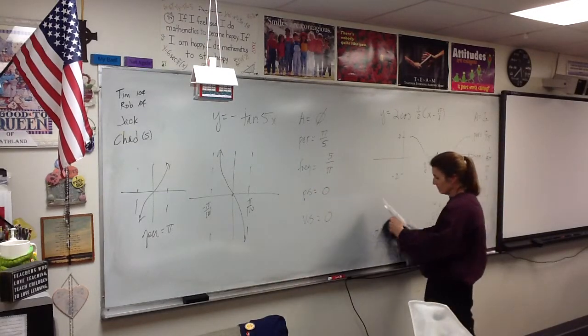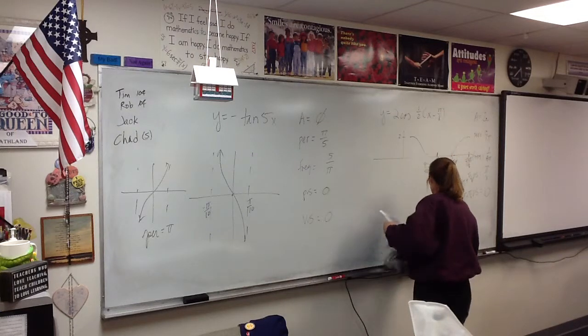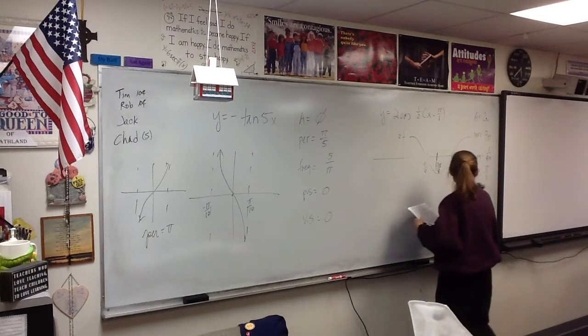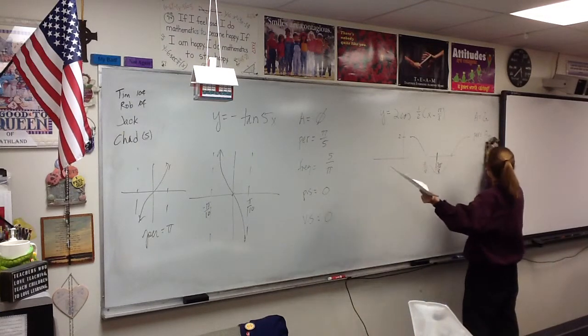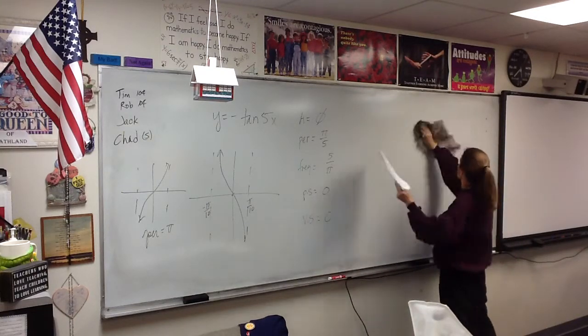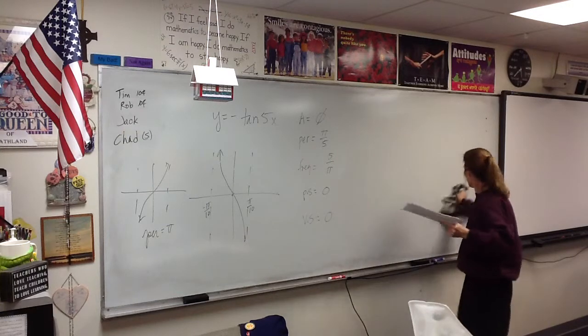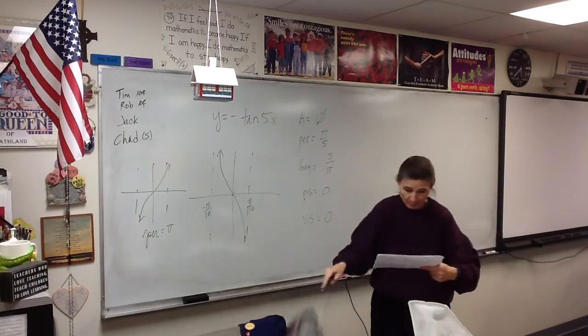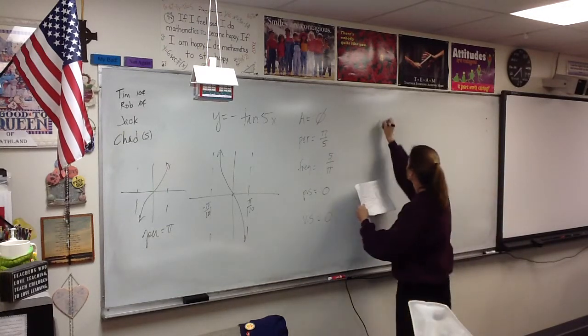Number 10, we got a picture and we're going to write the equations of it. So we're going to do what we just got done doing, only we're going to do it backwards. Okay, so we know how to do this. Here's my picture.